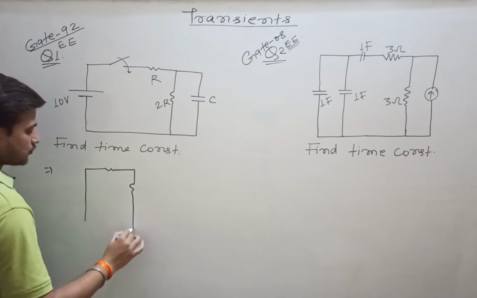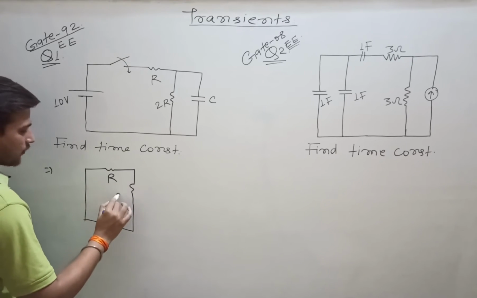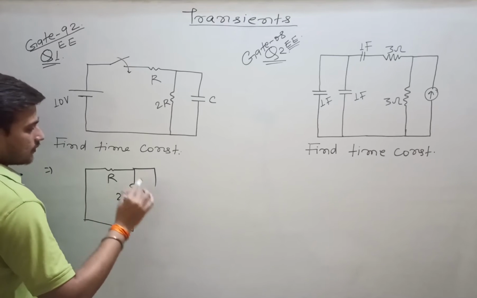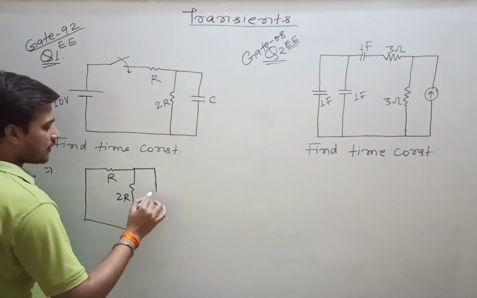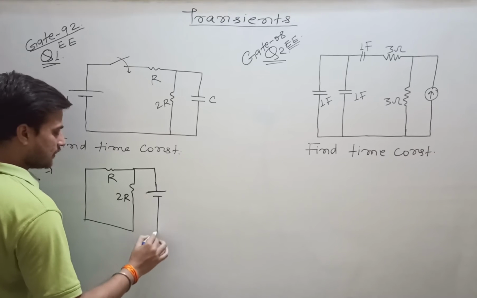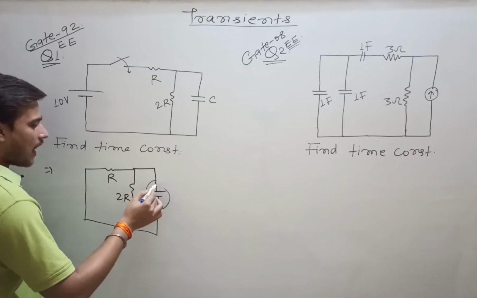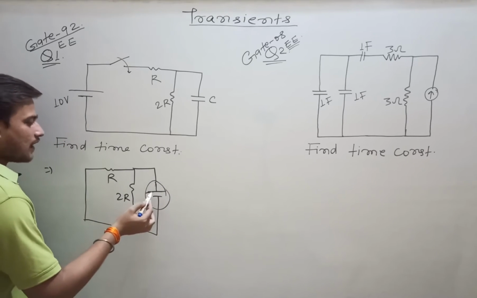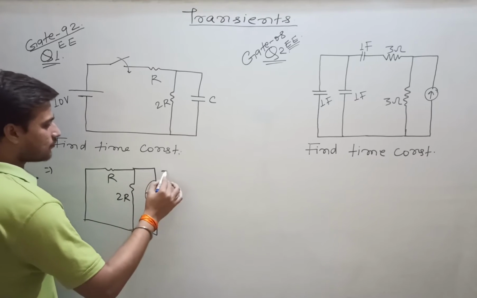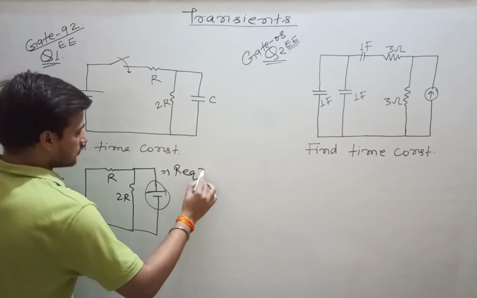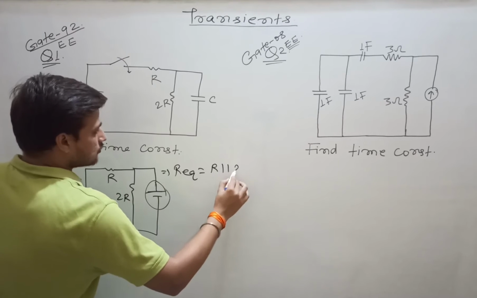Now we are having two resistors R and 2R, and now there is only one capacitor, so we will treat this capacitor as a voltage source and we will find R equivalent. So R equivalent for this source will be equal to how much? R equivalent will be equal to R parallel to 2R.